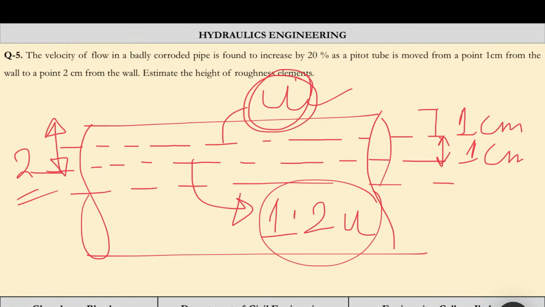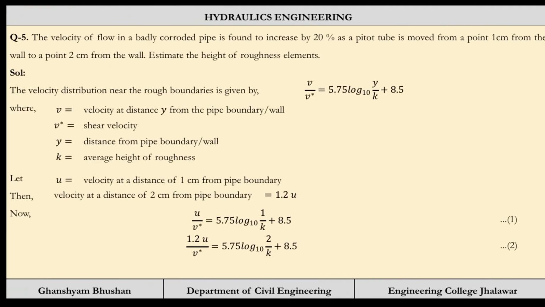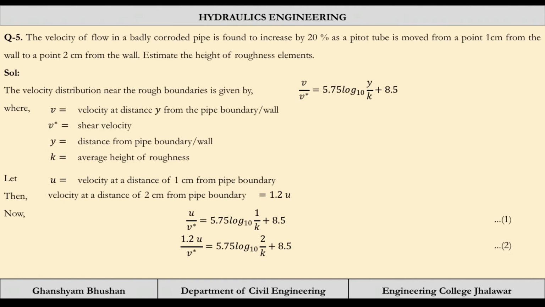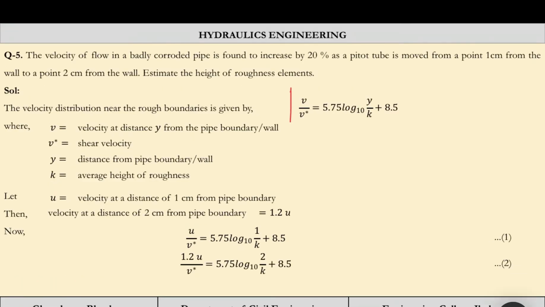So first we will write the velocity equation for 1 centimeter, then we will write the velocity equation for 2 centimeter, and we will try to see how we can figure it out. Okay, so let us see how we are going to do that. This formula we know that v by v star is equal to 5.75 log base 10 y by k plus 8.5.